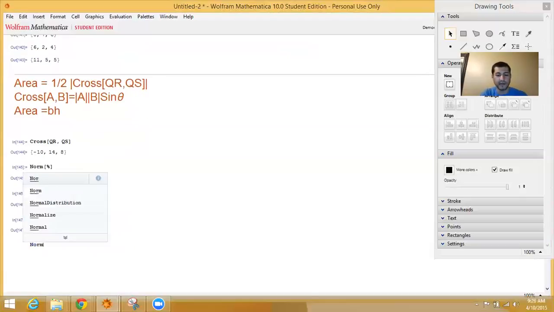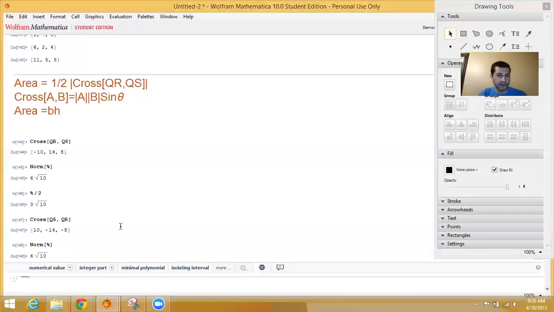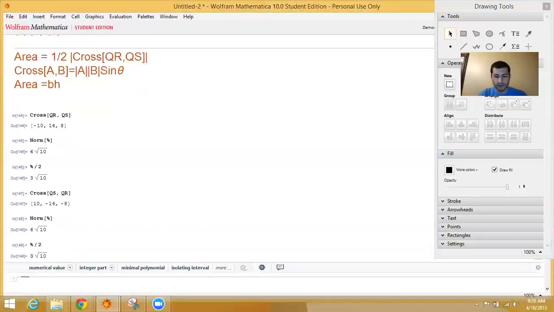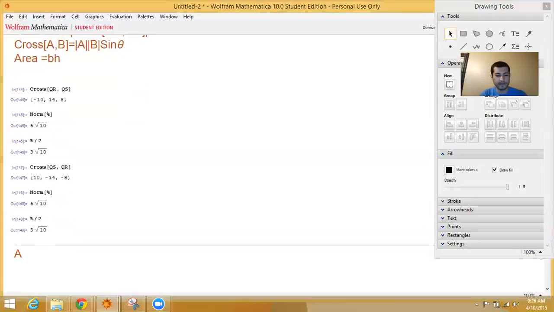However, when we take the magnitude of that vector, the value is still the same. So the area of the triangle bound by these 3 points is 3 root 10.